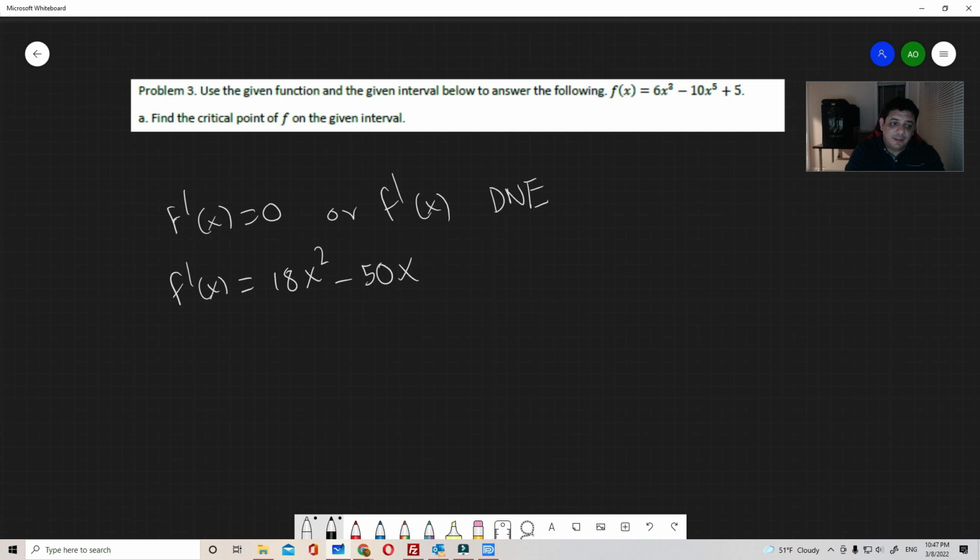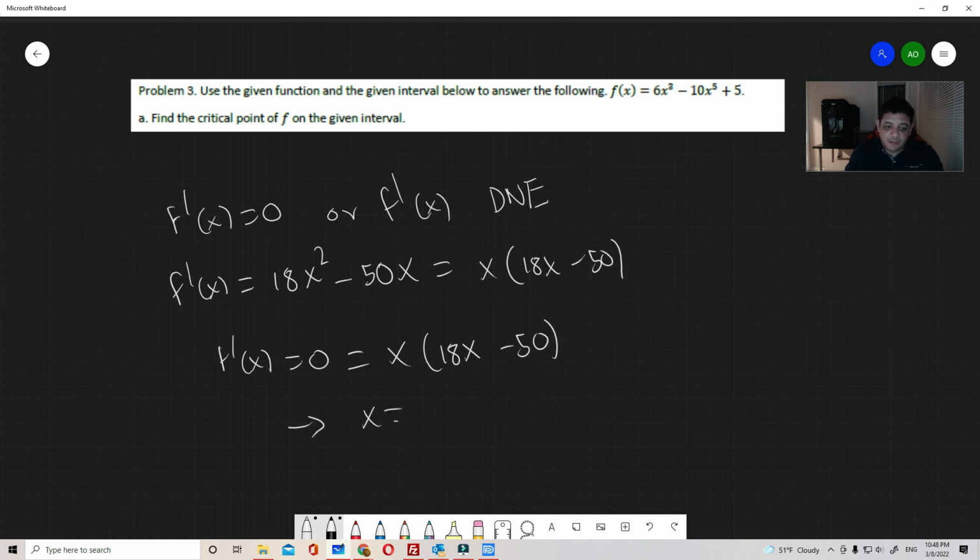Now, for the case f prime being 0, we can use some factorization here. We're going to get this factorization for the derivative. And if we're trying to find where f prime of x is equal to 0, then that is equivalent to finding where x times (18x minus 50) is equal to 0.